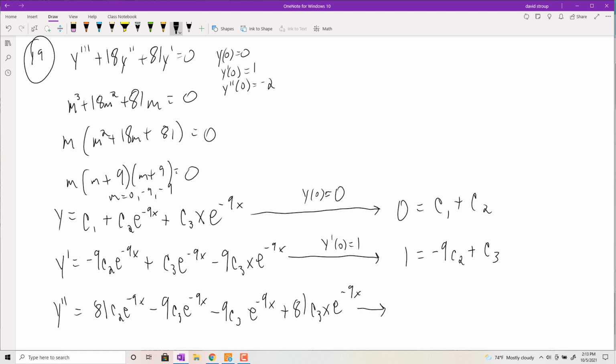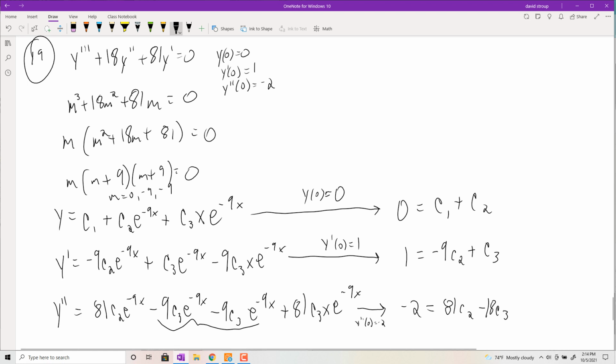Finally, y double prime of 0 is -2. So I get -2 equals, let's see, 81 c2 minus 9 c3 minus 9 c3. So that'd be minus 18 c3. I forgot to combine these like terms. So let's just put minus 18 c3, and then the last guy is 0.